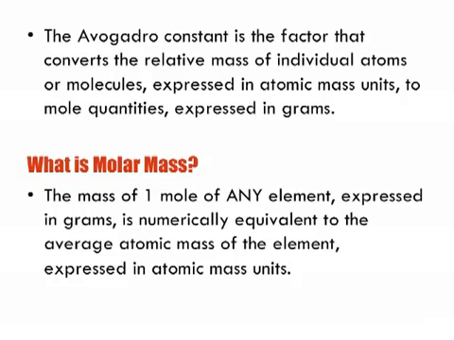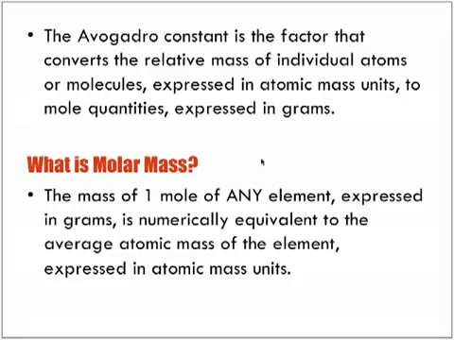Whatever the atomic mass units are of an atom, we're going to use that with regards to grams, and ultimately look at how many grams are in 1 mole of that atom. That's where the comparison lies.